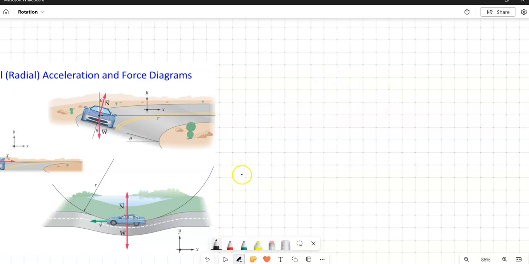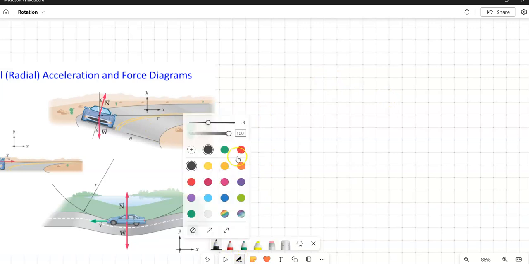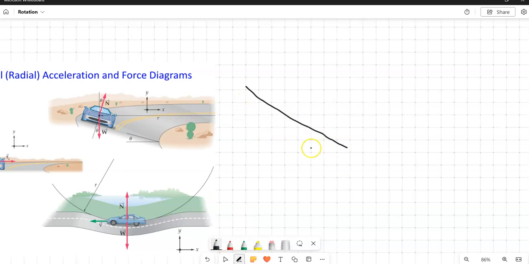I'm just going to do it with variables. So just say there's a problem where a car is on an incline, and that incline is a theta right here, and the car is on the incline. So essentially this is a car on an incline, and it's accelerating towards the center of the circle, okay?